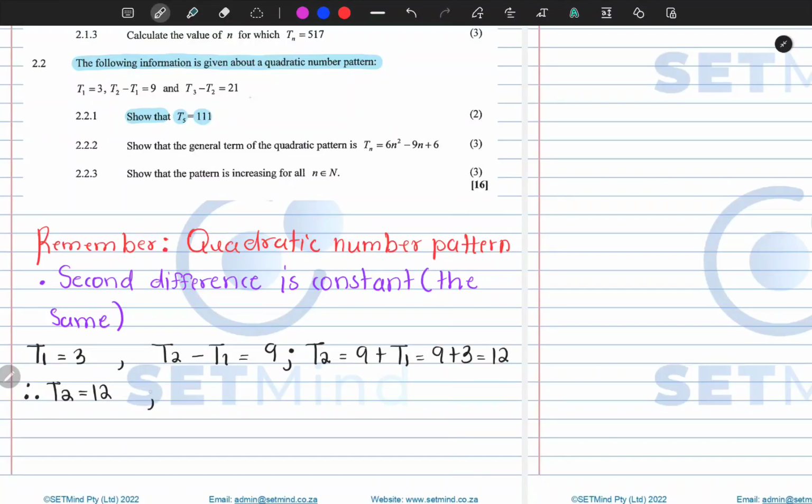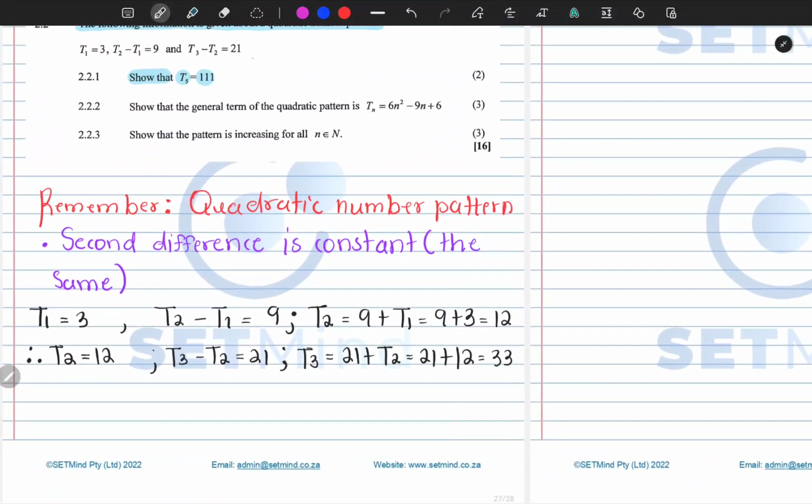Then we are given another expression, T3 minus T2 equals 21. So our T3 is 21 plus T2, which is 21 plus 12, which will be 33. That is what we have.